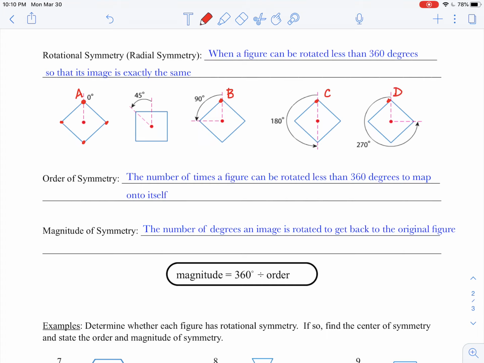So there are 4 different ways to turn the square that look exactly the same. Therefore, each time we rotate that square, we're rotating it 90 degrees to bring one of the new vertices back up to the top. So the order for a square is 4. Magnitude is 360 divided by 4, or 90 degrees.